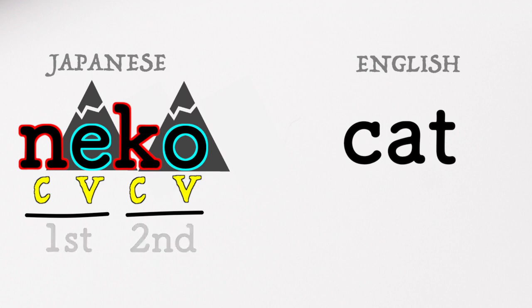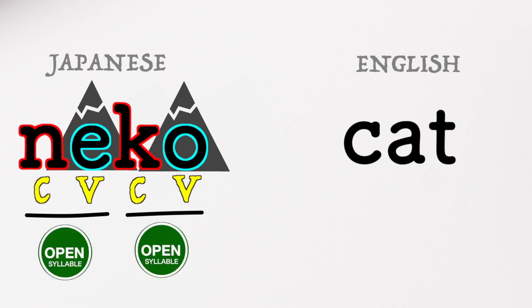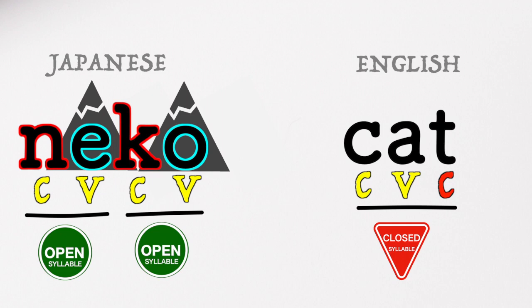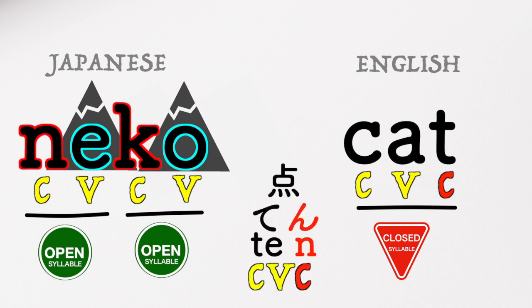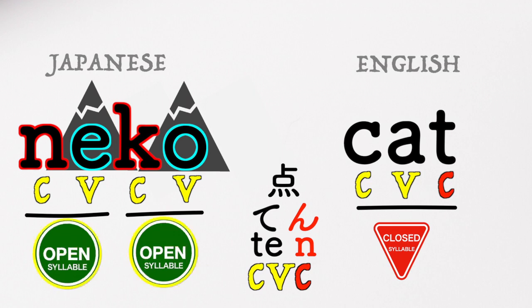When a syllable ends with a V, we call that an open syllable because vowels are more open sounds. And when a syllable ends in a C, we call that a closed syllable. Except for the nasal sound n, Japanese syllables are always open. Japanese syllables do not end in consonants.